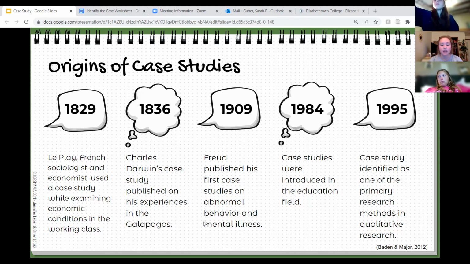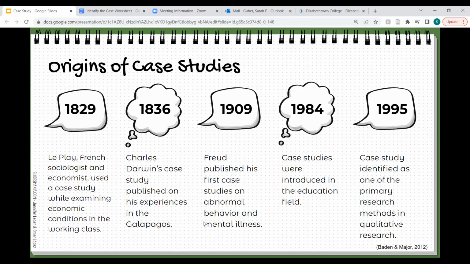In 1909, Freud published his first case study on abnormal behavior and mental illness. Then in 1984, case studies were introduced in the education field. In 1995, case study was identified as one of the primary research methods in qualitative research.